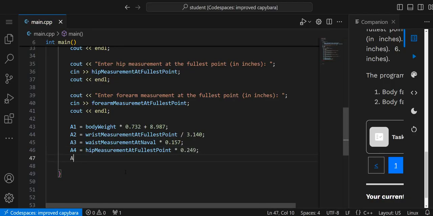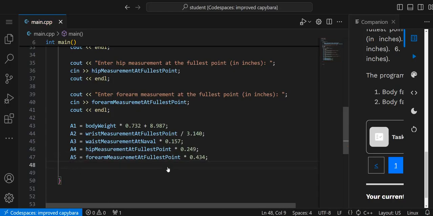We got A5 equals forearm measurement at fullest point times 0.434. Next we have B equals A1 plus A2 minus A3 minus A4 plus A5.